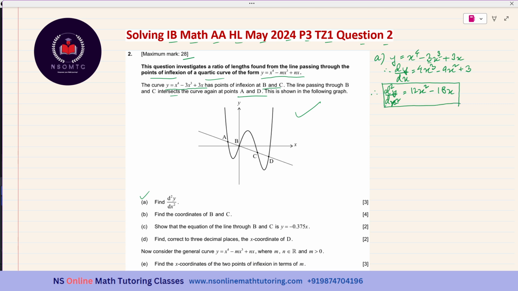Subpart B: find the coordinates of points B and C. It is containing 4 marks. B and C are the points of inflection, so the second derivative should be equal to 0.